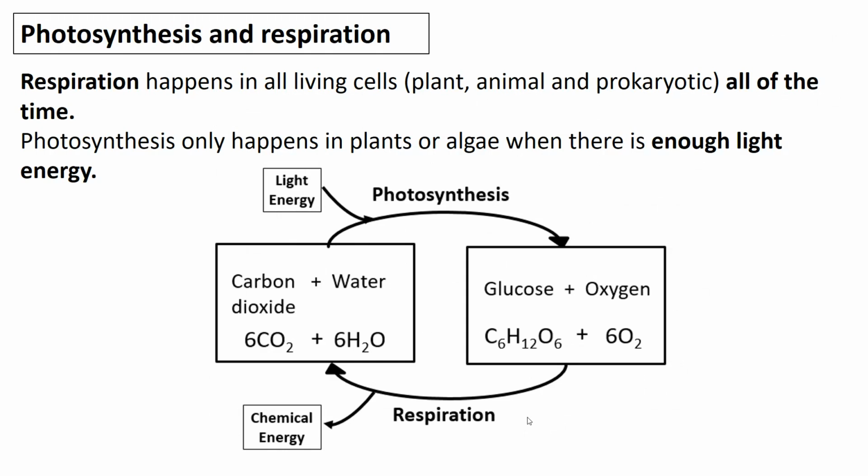And all plants carry out photosynthesis and respiration. All living things need to respire. But photosynthesis only happens in plants or algae when there is enough light. So at night time, plants tend not to carry out photosynthesis. Their stomata close, remember, so they can't get the carbon dioxide and water in that they need to photosynthesize because there's no point in having them open if there is no light energy for that to happen.